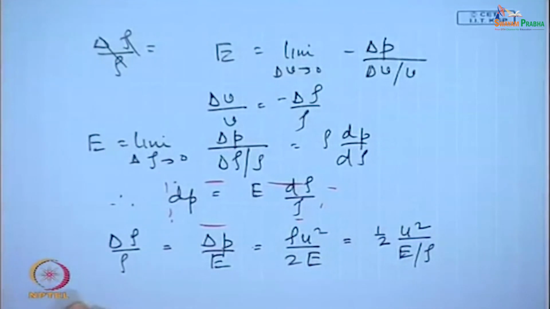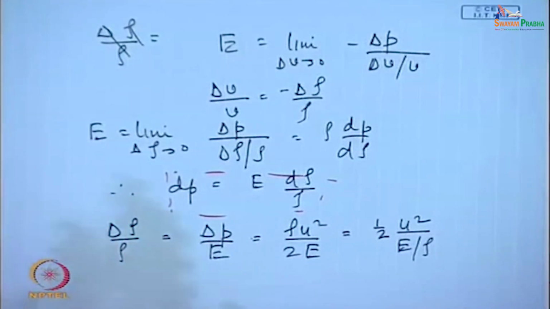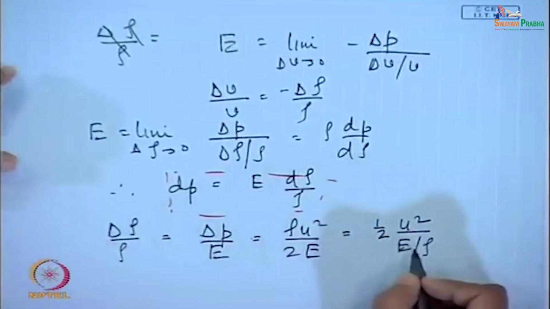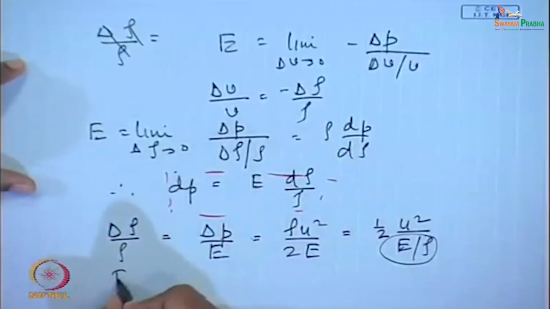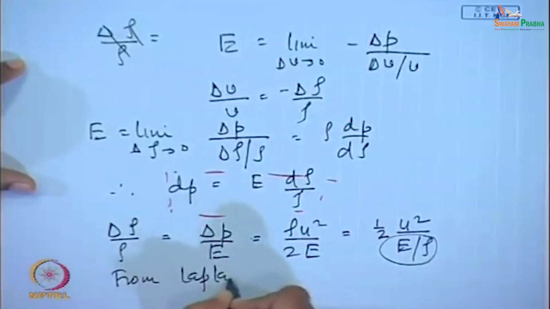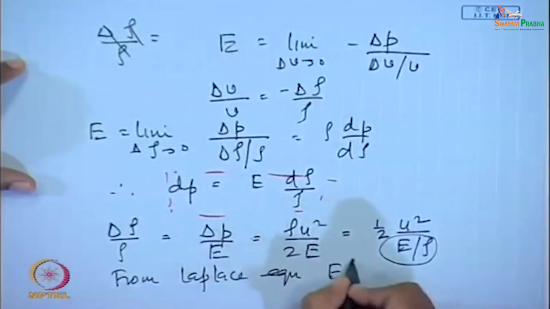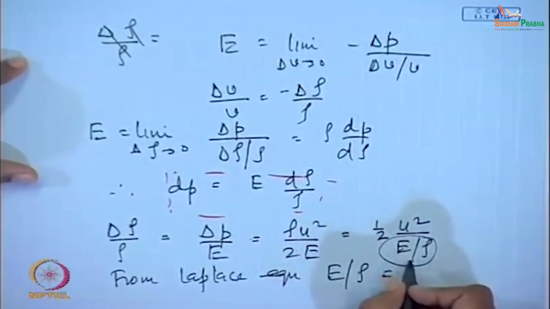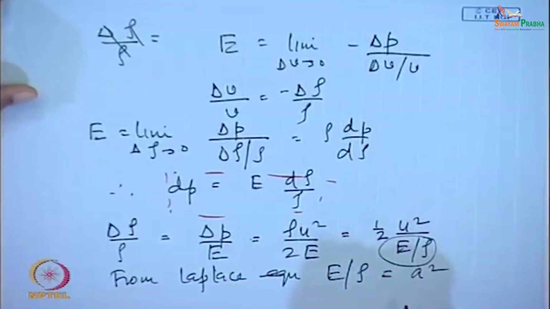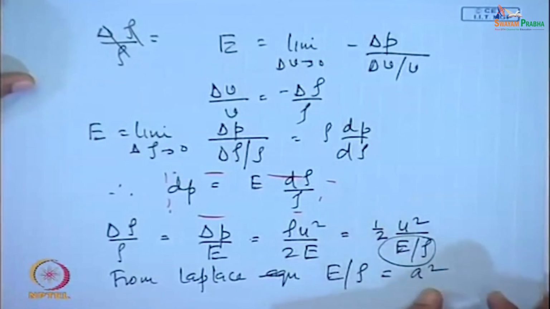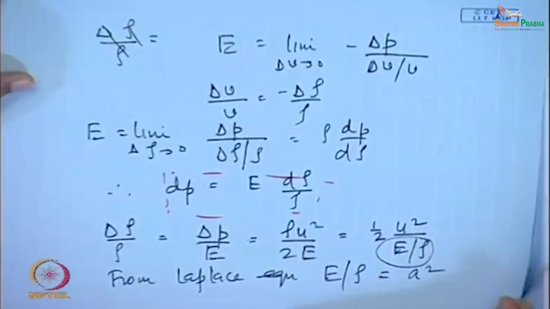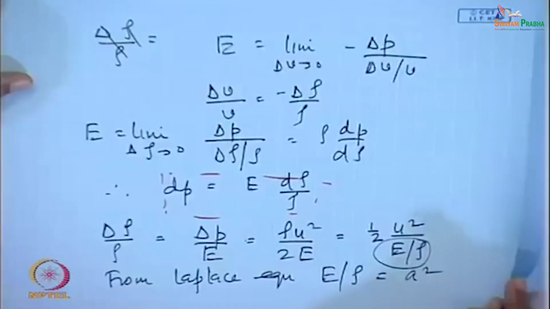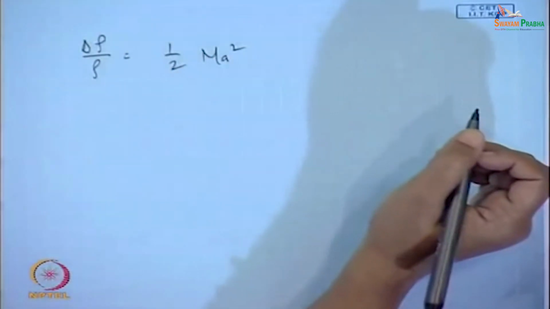Can we write it down in this form, yes or no? I am just doing basic substitutions. And what is this E by rho? From Laplace equation, any idea of what is this E by rho? Very good, E by rho is nothing but A square, where A is the acoustic velocity or the velocity of sound in that particular medium. So, therefore, what do we get? We get delta rho by rho is nothing but equal to half M a square, correct.